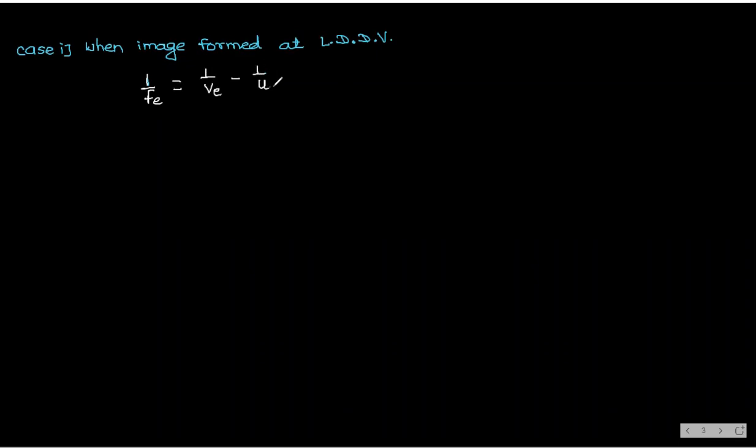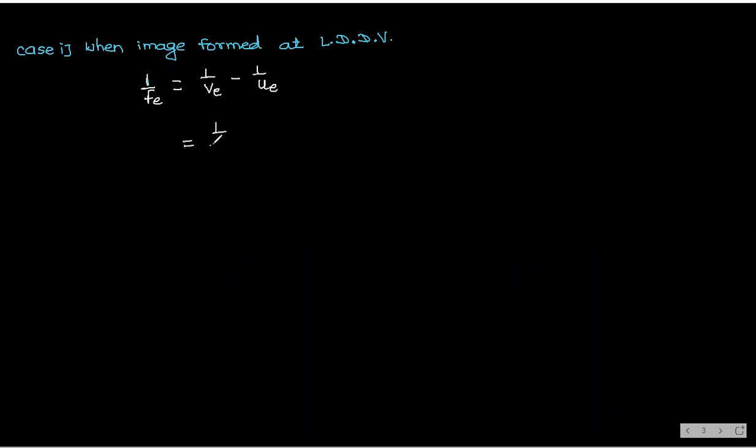Case number 1: when the image is formed at the least distance of distinct vision, that is LDDV, then 1 by Fe is equal to 1 by VE minus 1 by UE.